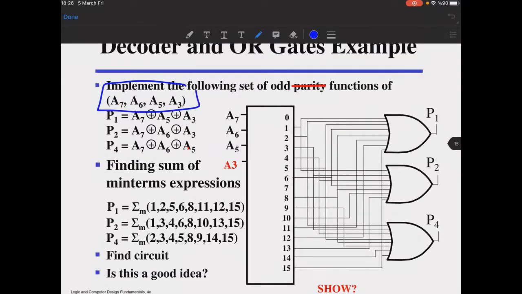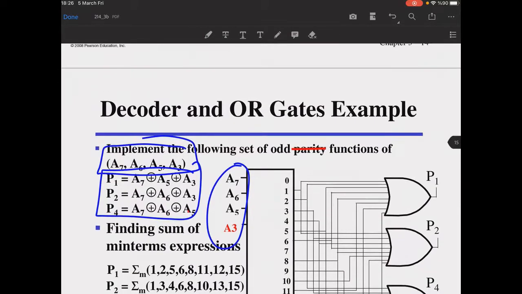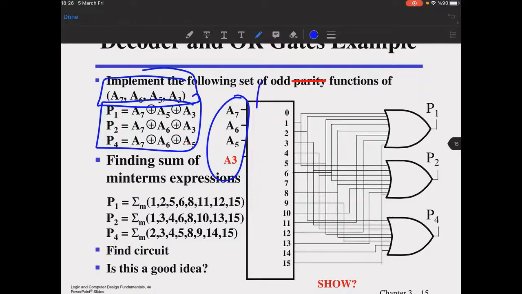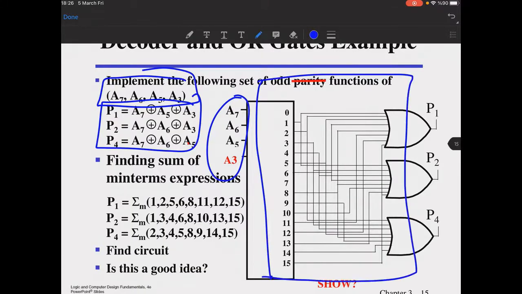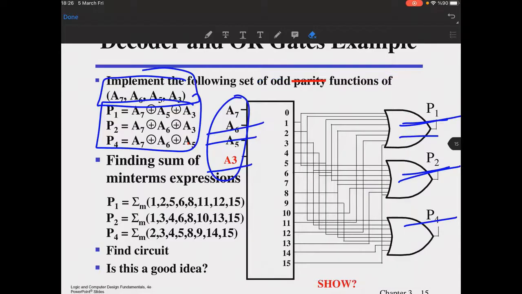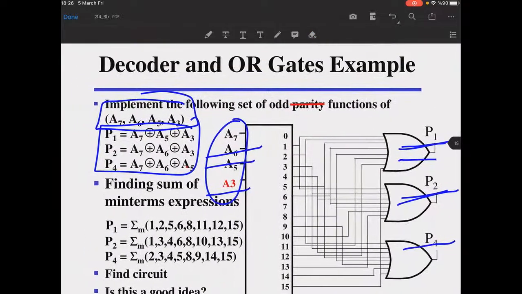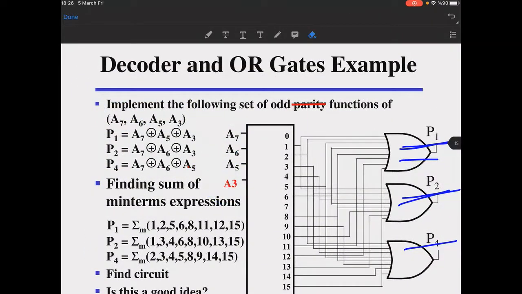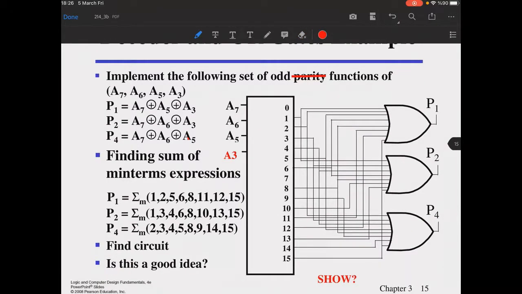What you have here is 4 inputs and 3 outputs, and you want to implement this circuitry. So if you want to implement this with a decoder, you will just have those minterms, or you can also read them from the truth table.